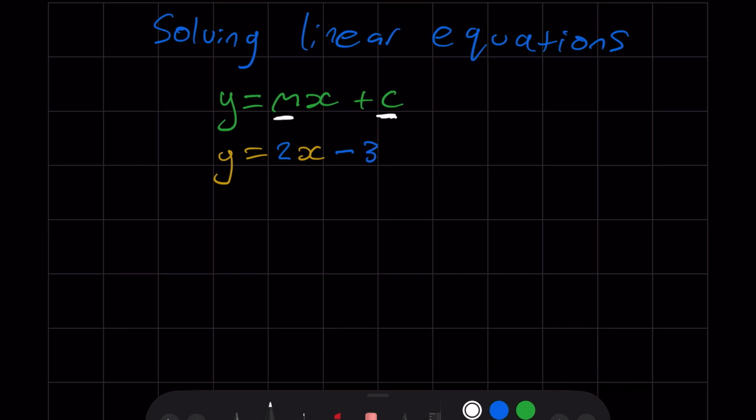So y equals 2x take 3. In this case, our m value is 2, and our c value is negative 3. So that's how linear equations work, that's how they look.